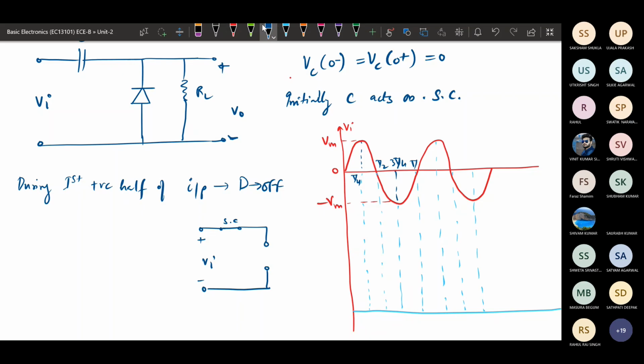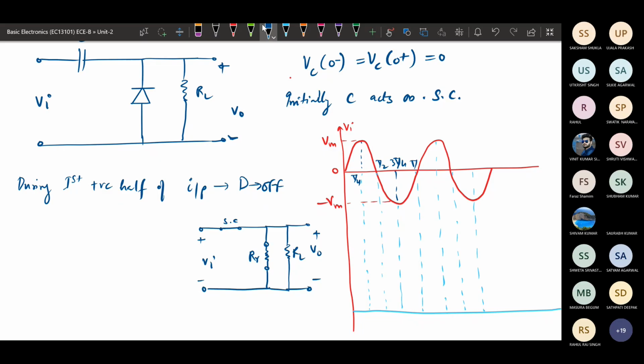Or if it is reverse biased, we can replace this diode with a resistance, called the resistance in the reverse region or reverse bias resistance of this diode, and this will be your load resistance. With respect to that, we will get the output. So first of all it is short circuited and we are providing some input, and this diode is behaving in off mode.